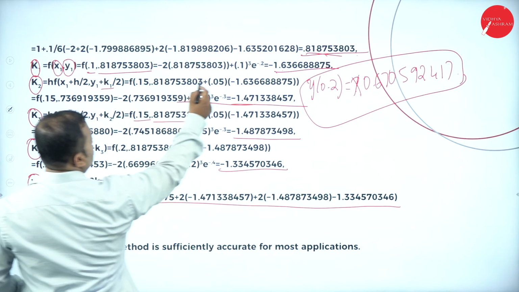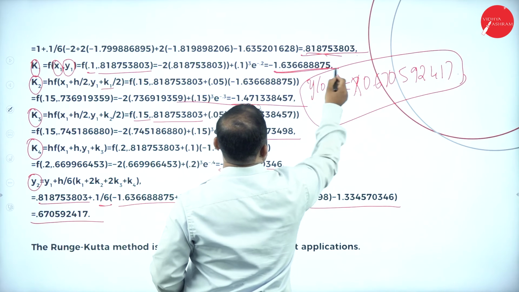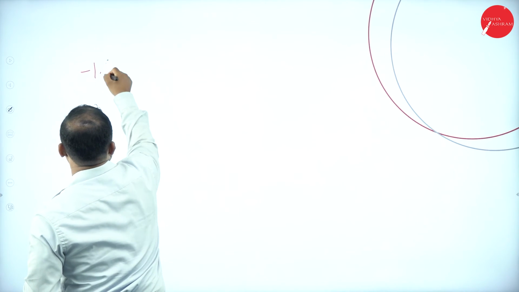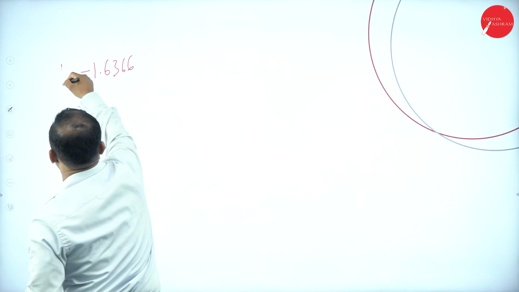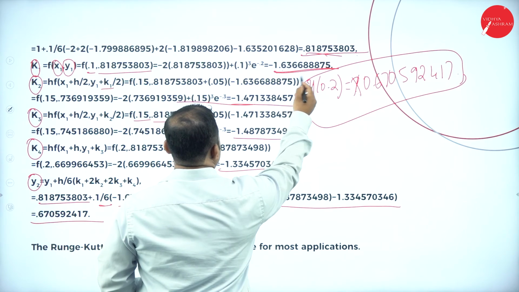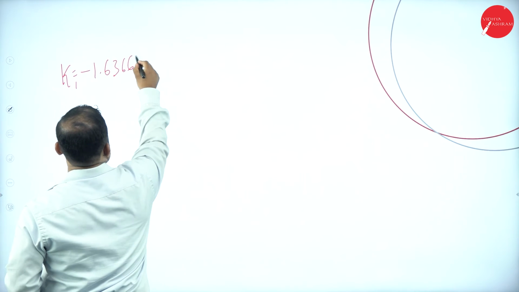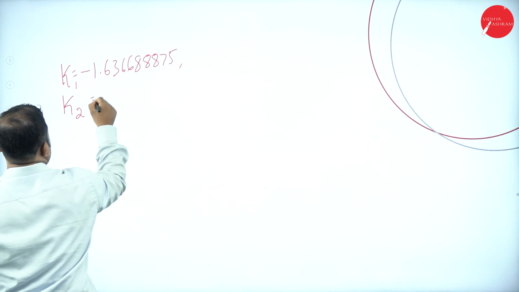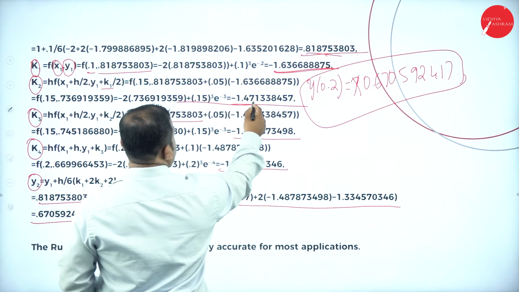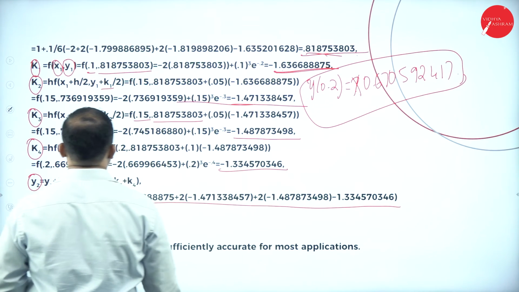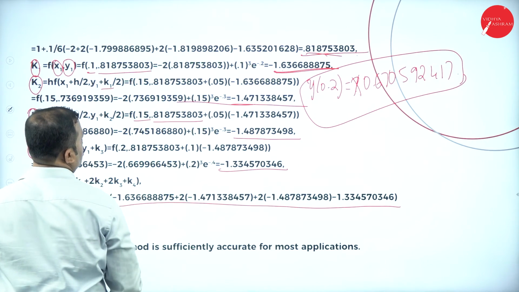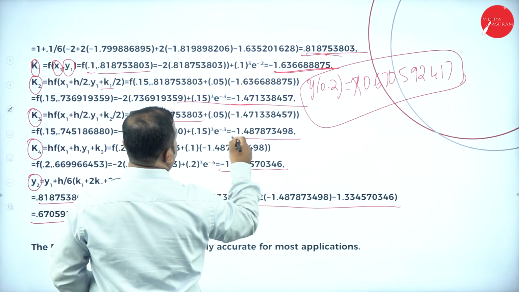That is k1 is equal to this term, minus 1.636688875. Then what is the value of k2? k2 is equal to minus 1.471338457.